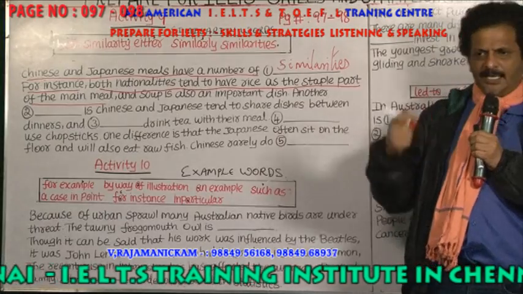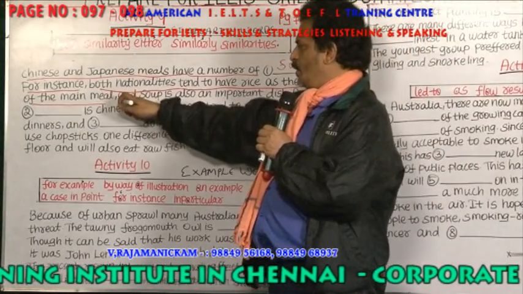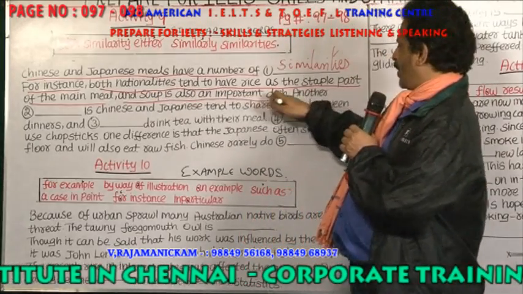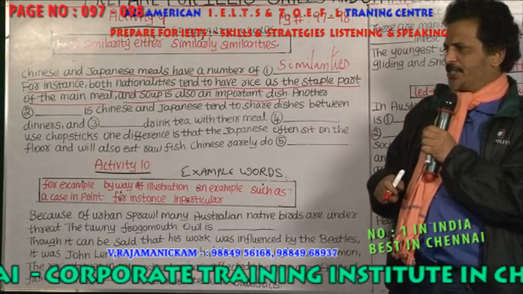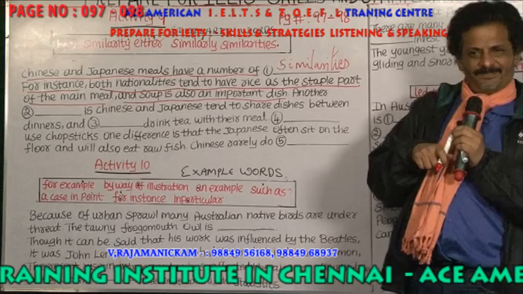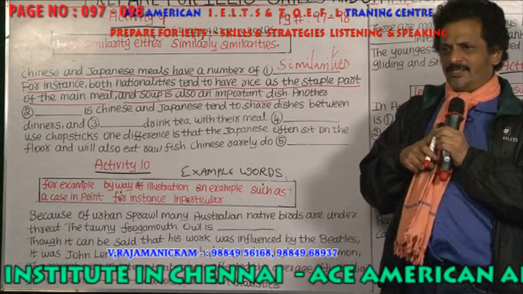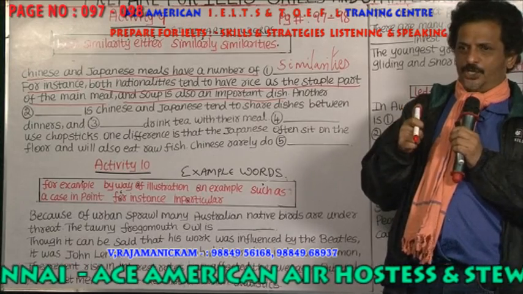Regular meal, part of the main meal, and soup is also an important dish. What do you mean by dish and dishes? Plates and vessels, food, the dish, dishes.